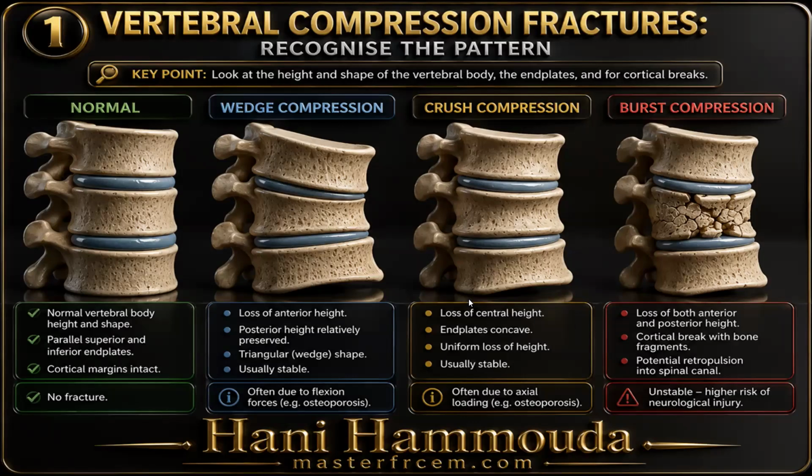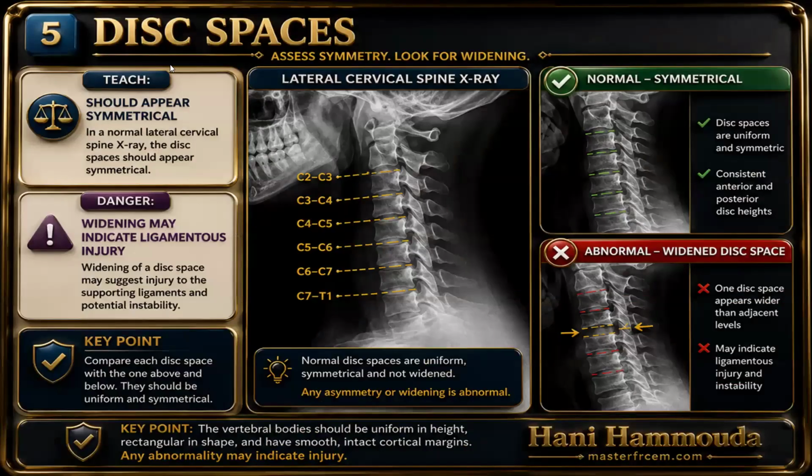Okay. D, disk space. So we have C, disk space. It means cartilage. Okay. The distance between vertebral bodies should be equal. Here, for example, widening. Can you see the yellow part? Yes, sir.